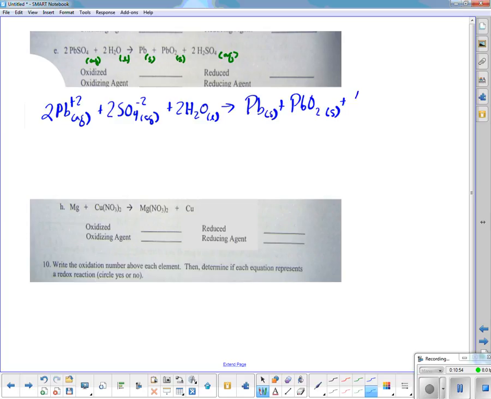So I'm going to get 4 H+ aqueous and 2 SO4 2- aqueous. So this is a total ionic equation. Do I have a spectator ion? One that is exactly the same on both sides.